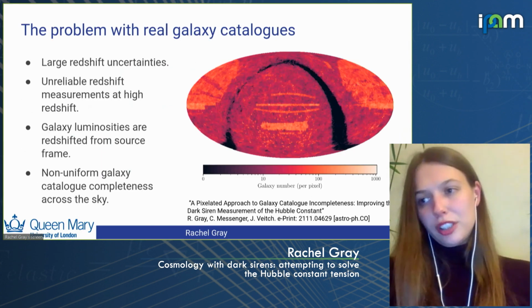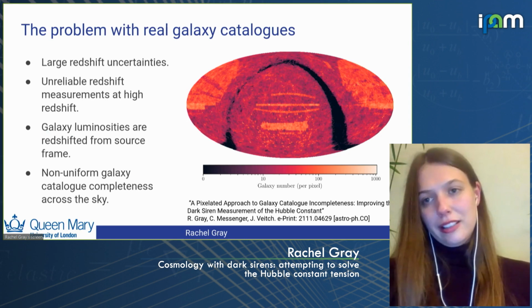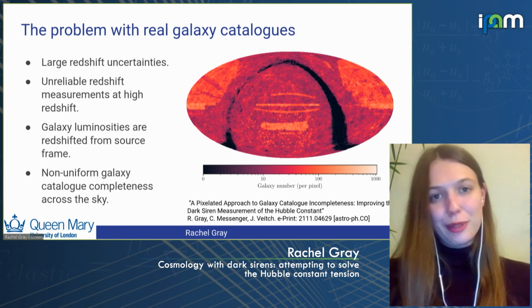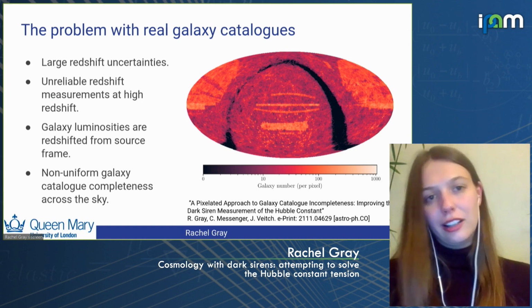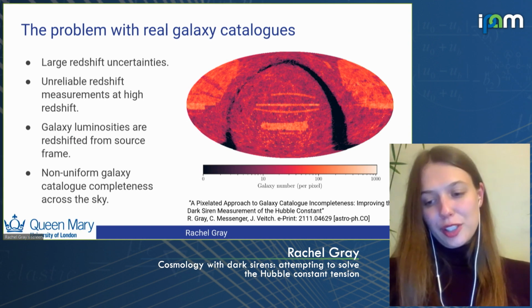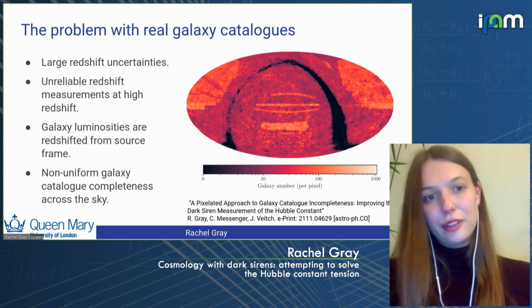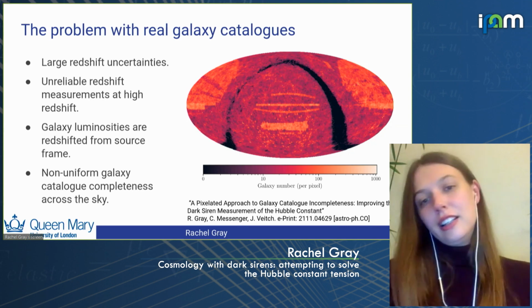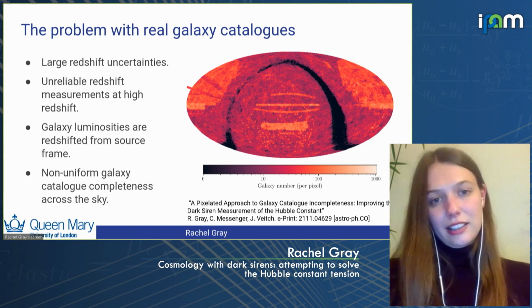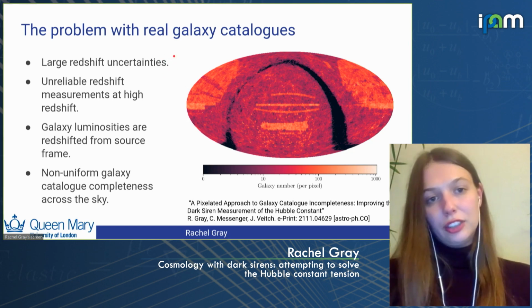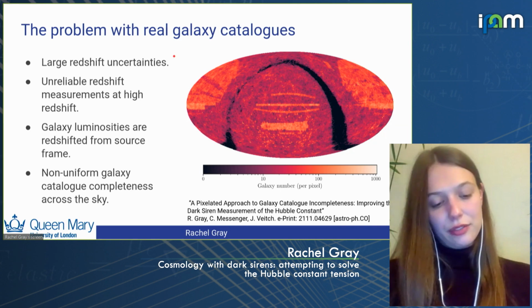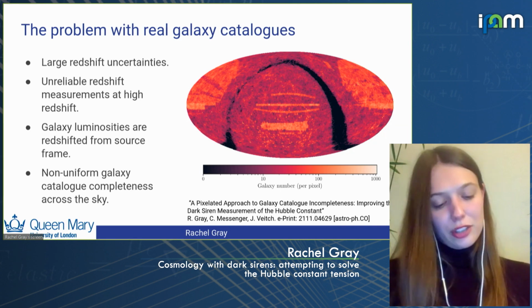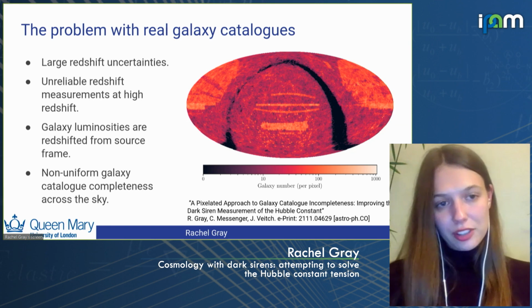So I've brushed over a lot of detail about what went into the analysis on the previous page, because it turns out there are a lot of things which make dealing with real galaxy catalogues more complicated than you might think. And not just the baseline fact that they don't contain all of the host galaxies. There's also the fact that they often have very large redshift uncertainties, because often the redshifts are photometric rather than spectroscopic measurements.